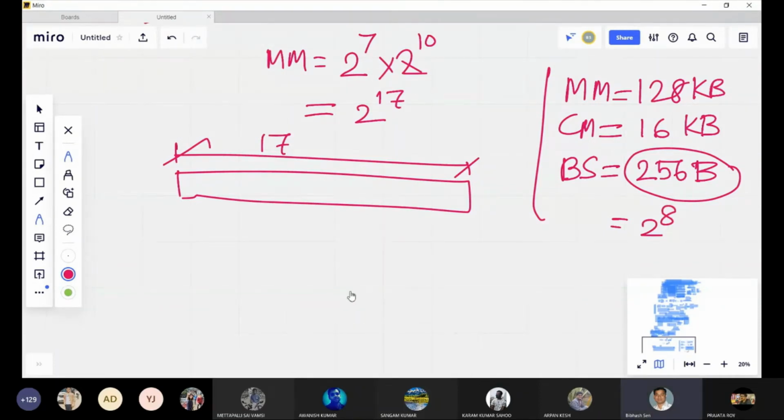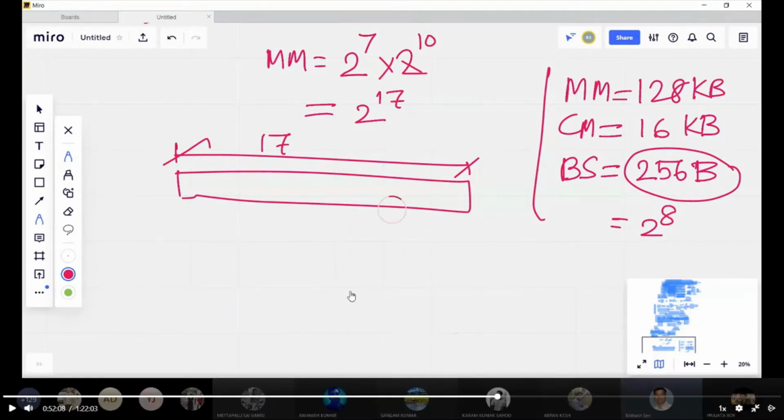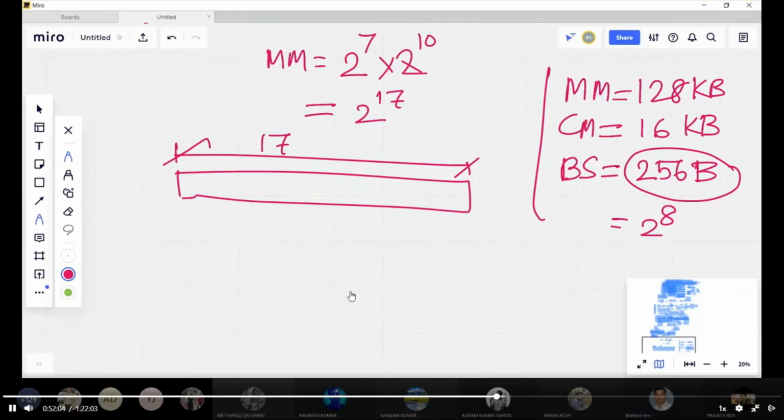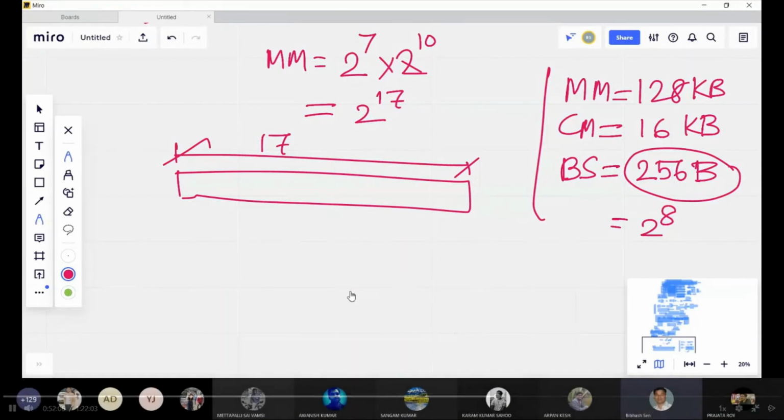Here I considered that each individual location is 1 byte addressable. Individual size of 4 byte or 6 byte is not mentioned. If it were 4 byte addressable, I would have to divide the block size by the word size.